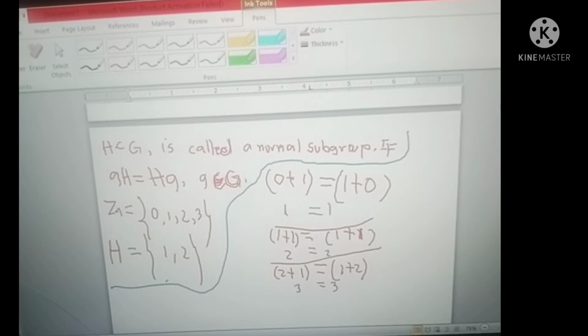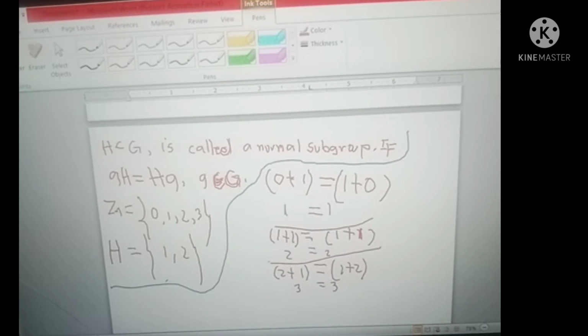And then we have another element, the small letter g in the big G, which is 1, belonging to the group G mod 4. Then this 1 is also an element of the subgroup H. Then I'm going to perform this one, and it is the same. So meaning they are equal, right? It is called a normal subgroup if the left coset is equal to the right coset. Here is the left coset, here is the right coset.